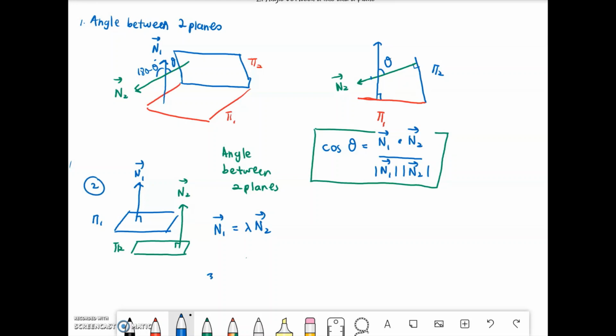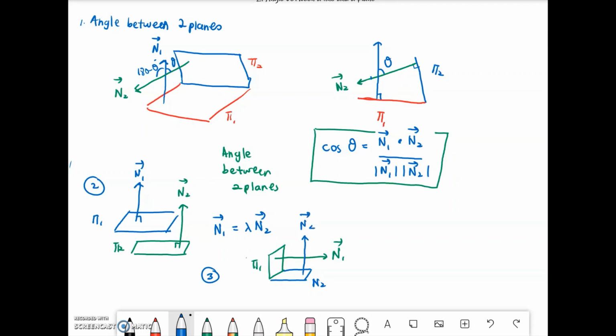Okay, another thing is that there is also a case where the planes are orthogonal to each other. So this is the first plane, and the normal vector will be somewhere like this. And this is the second plane, and the normal vector will be somewhere here.